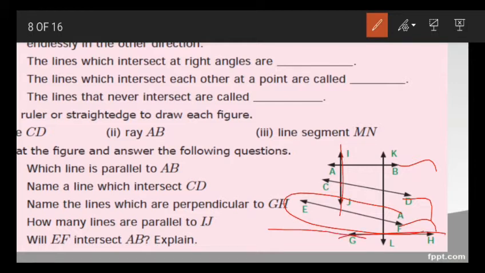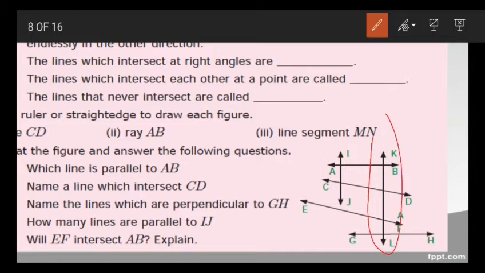This will also intersect IJ if you extend it. Okay, so all the lines other than KL will intersect IJ. So only line which is not intersecting IJ is KL. Okay, so only one line KL is parallel to IJ.